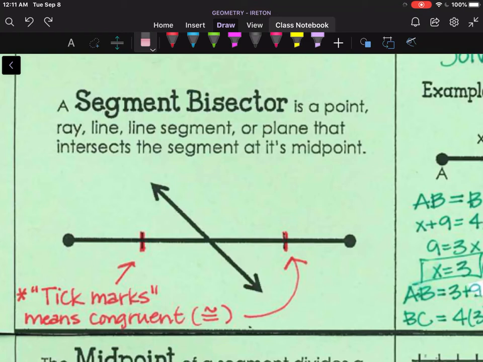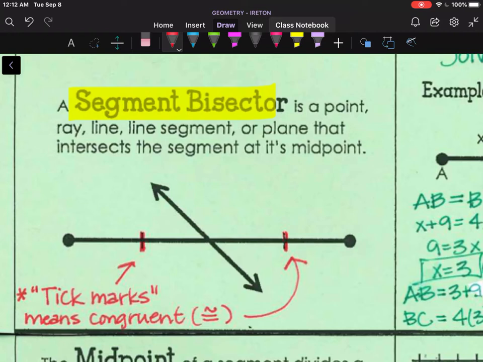So a segment bisector is a point, a ray, a line segment, or plane that intersects the segment at its midpoint. So in this case, think about where you've heard the prefix bi before. Usually you're thinking about two things, right? If you're dissecting something, you're cutting it up into multiple pieces.